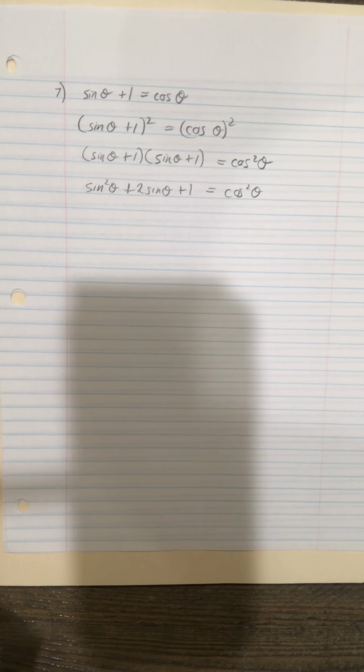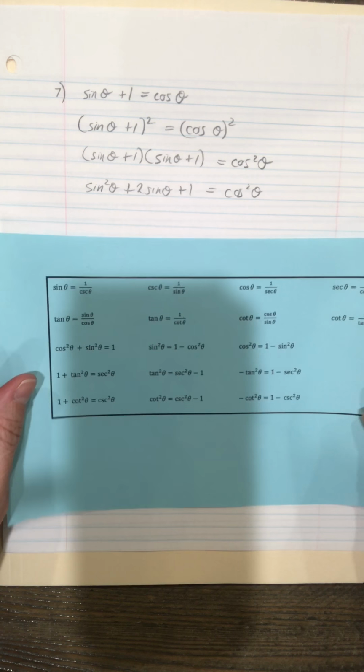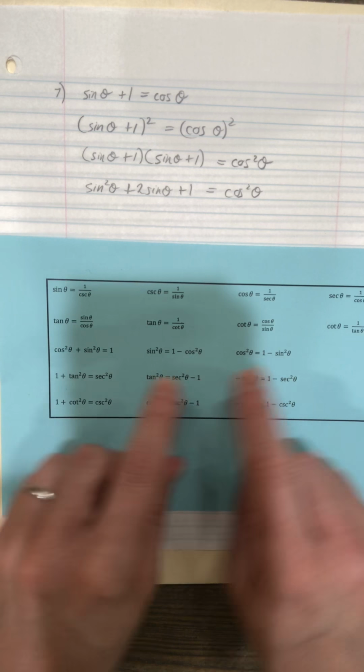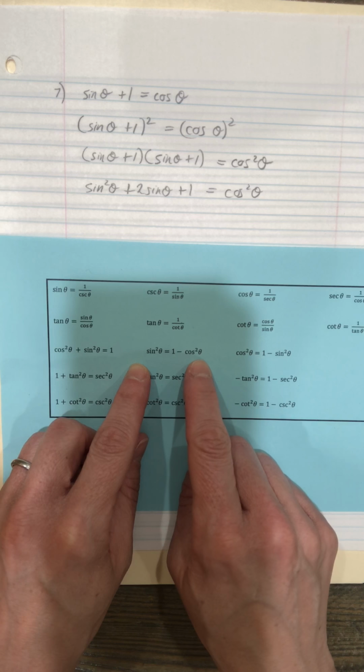Now, the whole point of me squaring that was the only way I can look at sine and cosine and convert one to the other is if I use a Pythagorean identity. And the only way I can use a Pythagorean identity is if I have a sine squared or a cosine squared. So if I look here, I see cosine squared is equivalent to 1 minus sine squared, and sine squared is equivalent to 1 minus cosine squared.